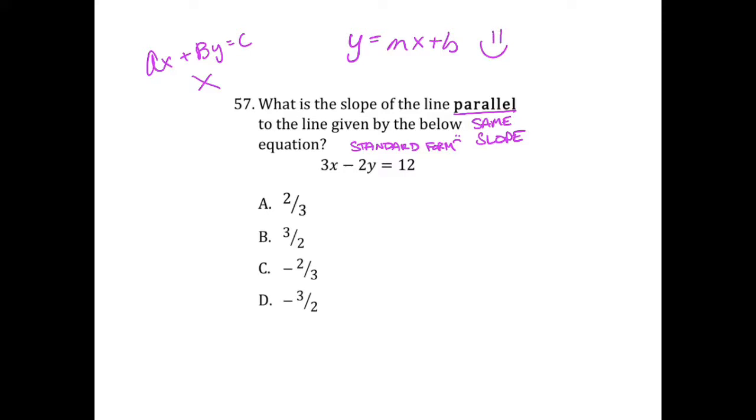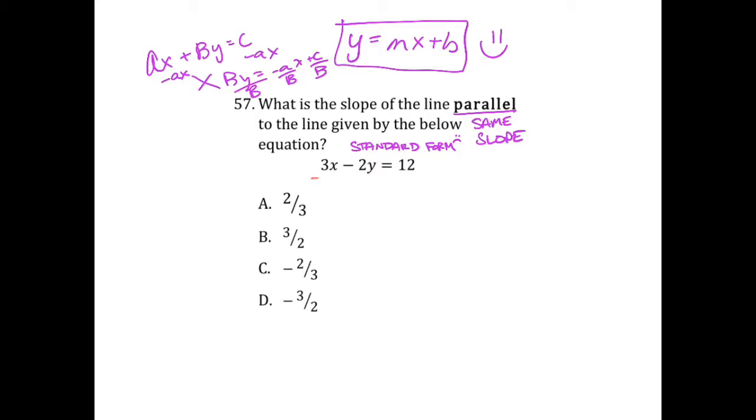That's cool. So we're gonna have to move some of the variables around to make it look like y equals mx plus b.